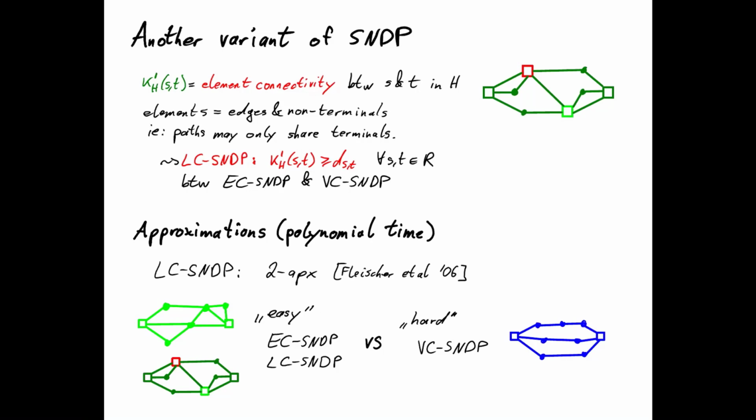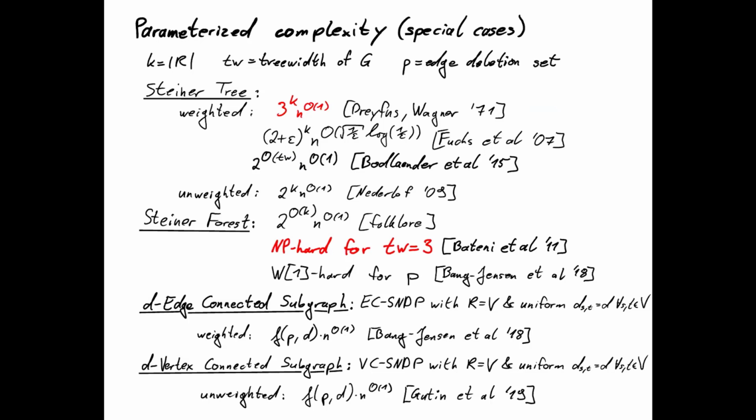Okay, but I wanted to talk about the parameterized algorithms, right? So what is known about the parameterized complexity of the problem? Well, it has been studied for several special cases of the problem, most notably Steiner tree and Steiner forest, but also these connected subgraph problems where all the vertices are terminals and we have uniform demands.